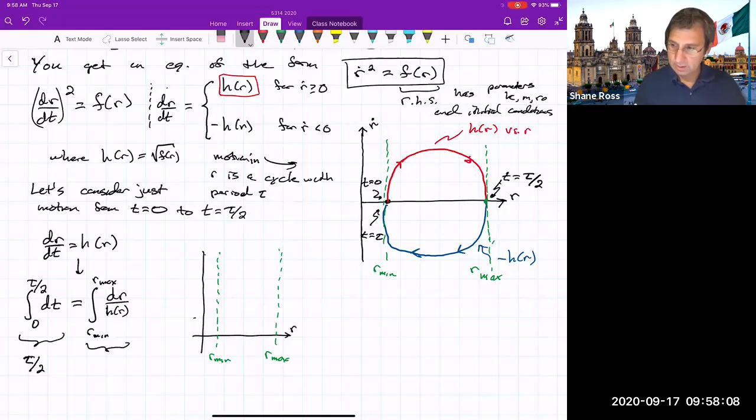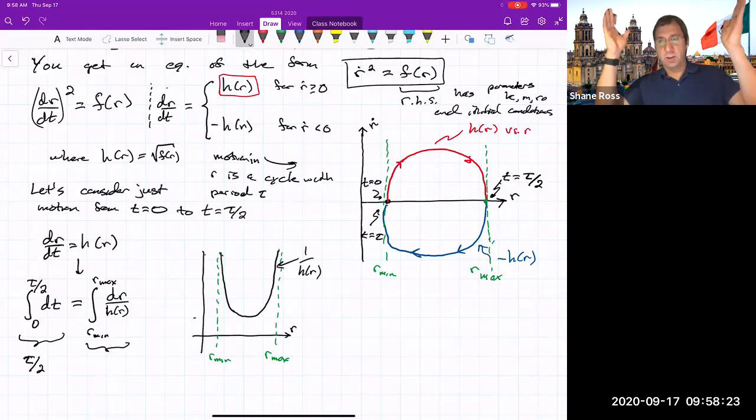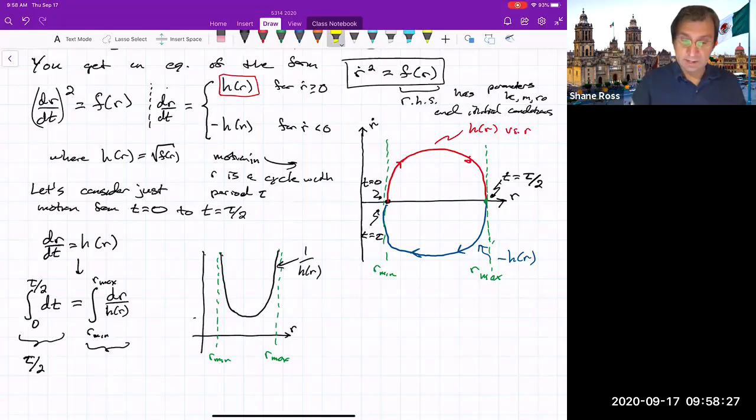This is R, and then we'll plot 1 over hr. So this curve is 1 over hr. It's going to go to infinity at R min and R max. And the area given by this integral is the area under the curve between R min and R max.